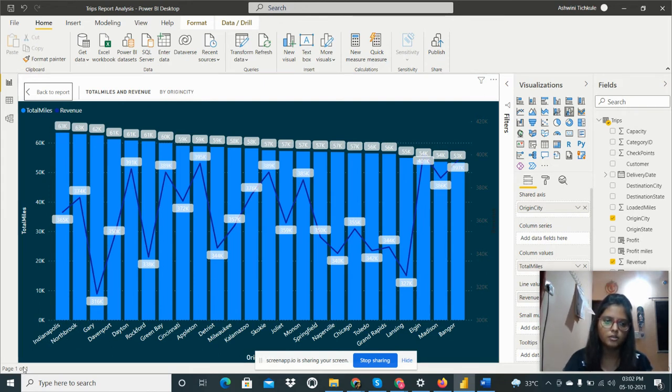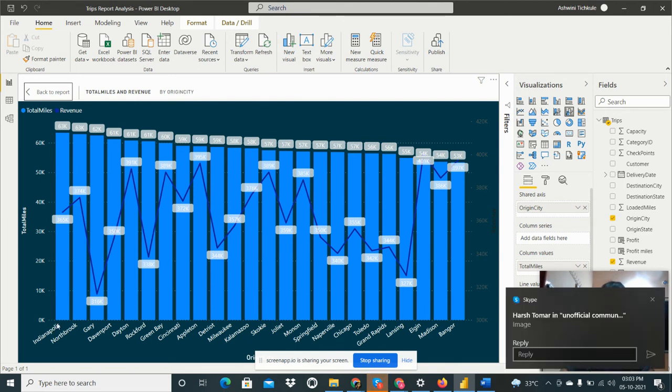So this is for Indianapolis. We can see 63K is the total miles, and 365K is the revenue. So we can analyze all the other states. North group has 63K total miles, and 374K is the revenue. So the largest revenue and total miles is from Indianapolis.